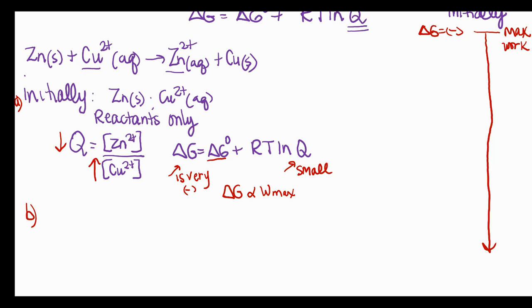Then, as the product accumulates, you reach the point where Q equals 1 because you start getting enough zinc ion and it's going to equal the amount of copper.